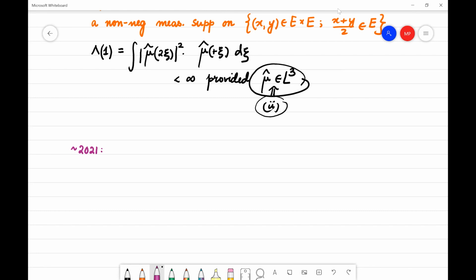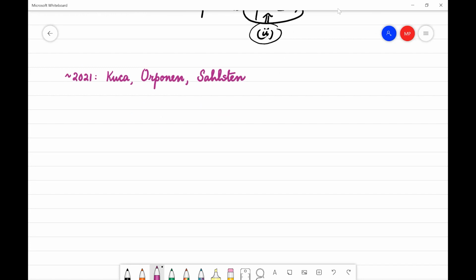This is the work of 3 people: Boris Kuka, Tuomas Orponen, and Tuomas Solsten, who proved the following. They pick a very special P, but in our class, P is t square, and they drop condition 2 entirely.